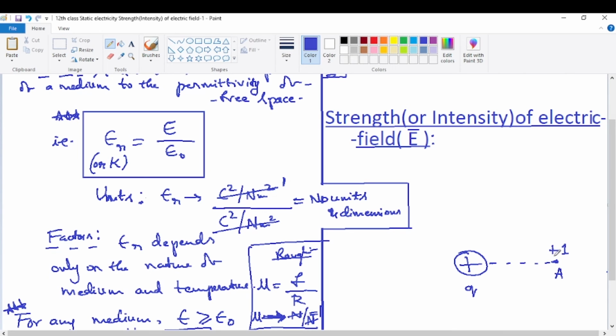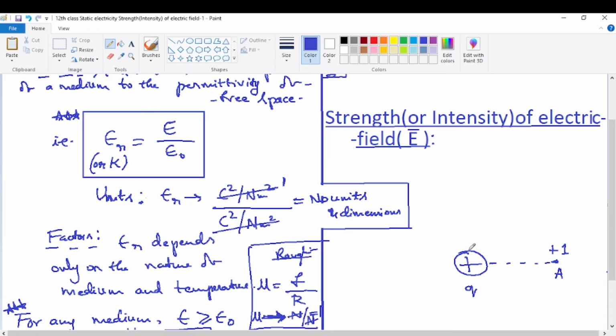When such a positive test charge is placed at this point, immediately the charge Q exerts a force on it. This happens whenever the test charge is placed at any point in the surrounding space.